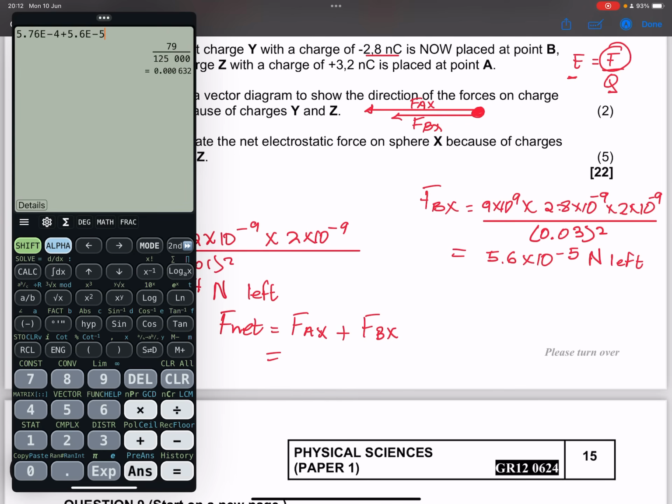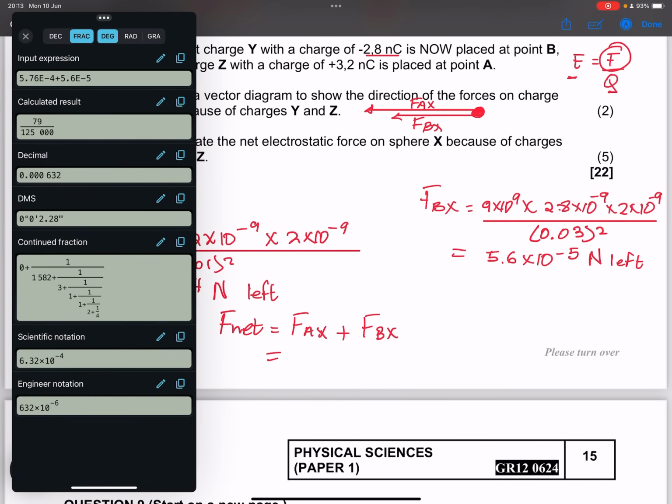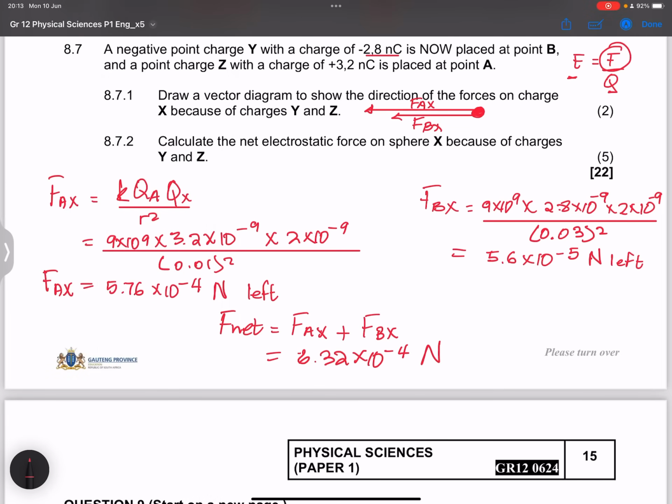Okay, let's get that value. Yeah, so that looks like the correct one. 6.32 times 10 to the negative 4 newtons. And so please remember, we actually need to specify the direction.